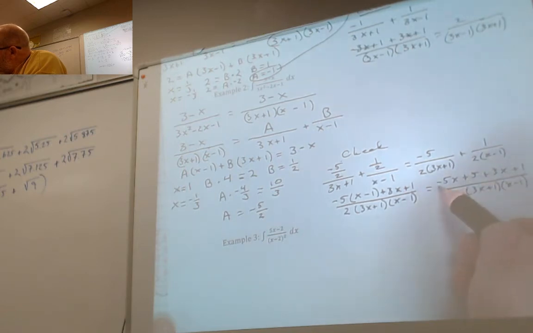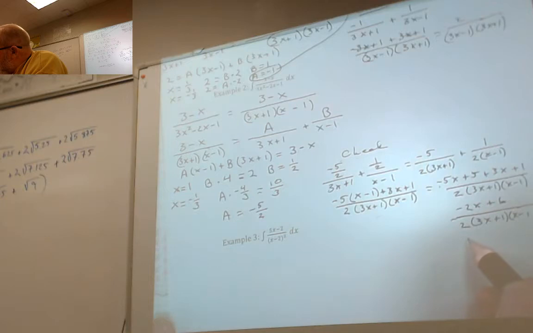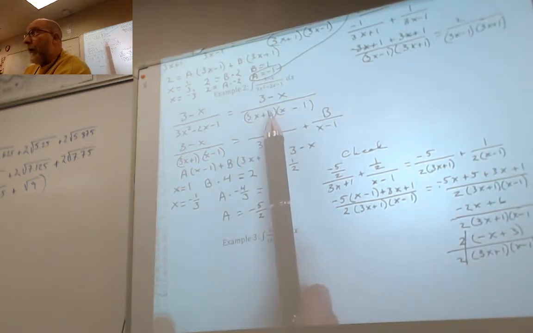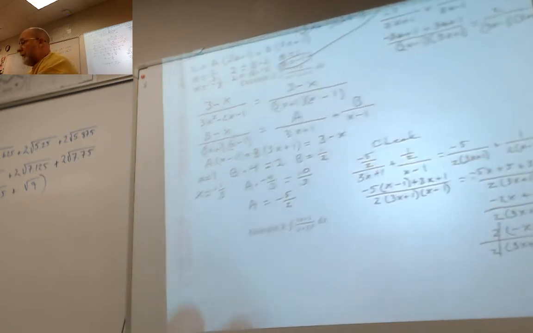And this will simplify to negative 2x plus 6 over 2 times 3x plus 1 times x minus 1. Again, this is just my check, and I'm going to factor out a 2, and I'll get negative x plus 3, and down here I have a 2, and I get 3x plus 1 times x minus 1. Those simplify, and sure enough, that's what I had, correct? Does that work?